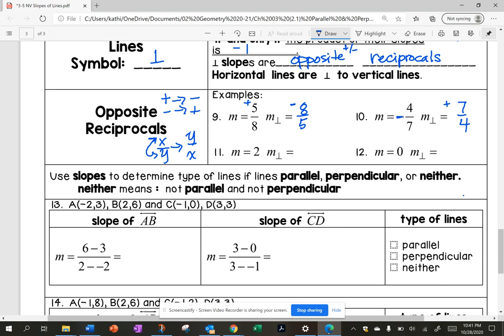When I do not have a denominator, that's assumed to be over 1. So I have positive 2, so negative 1/2 is my opposite reciprocal. Okay, when I have a 0 slope, this is a horizontal line. So perpendicular is going to be a vertical line, so my slope is undefined.